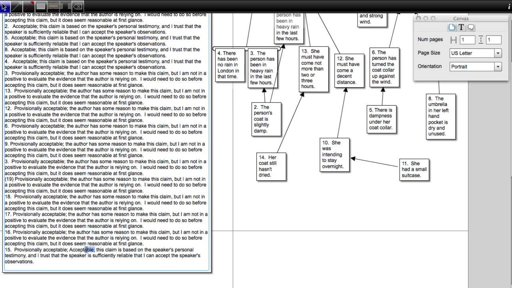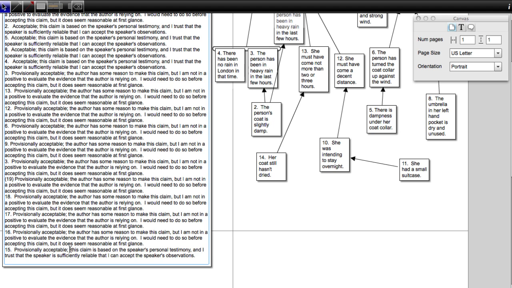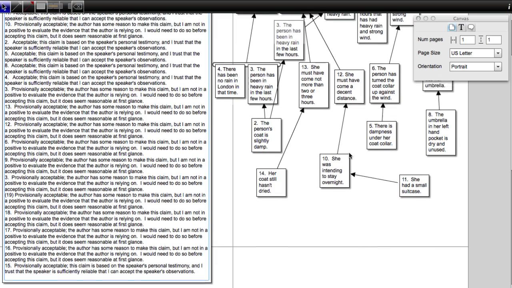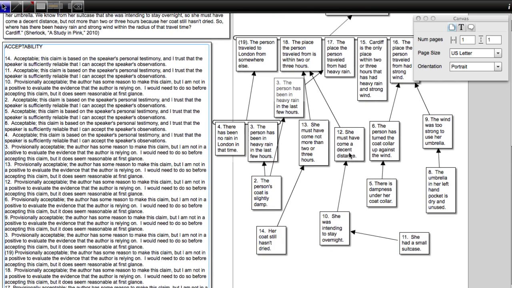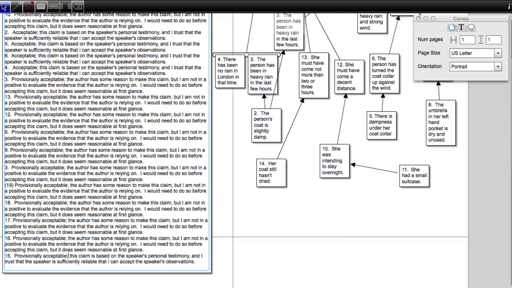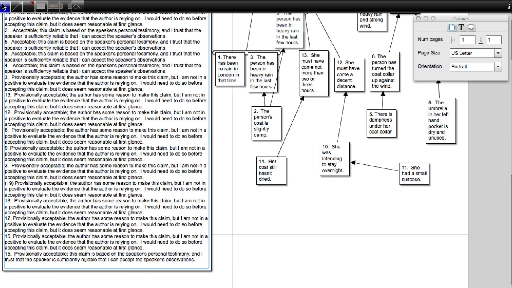And the reason I went provisionally acceptable rather than acceptable is that this is not a claim that could be based purely on personal observation. I might have just said that, if so I was wrong, because there's no way you could observe yourself all of these places. You'd have to do some research. So this person must have done a little fact finding to discover that Cardiff is the only place within 2 or 3 hours that's had heavy rain and strong wind. So I would need to double check that research. So I'm going to change the language here.